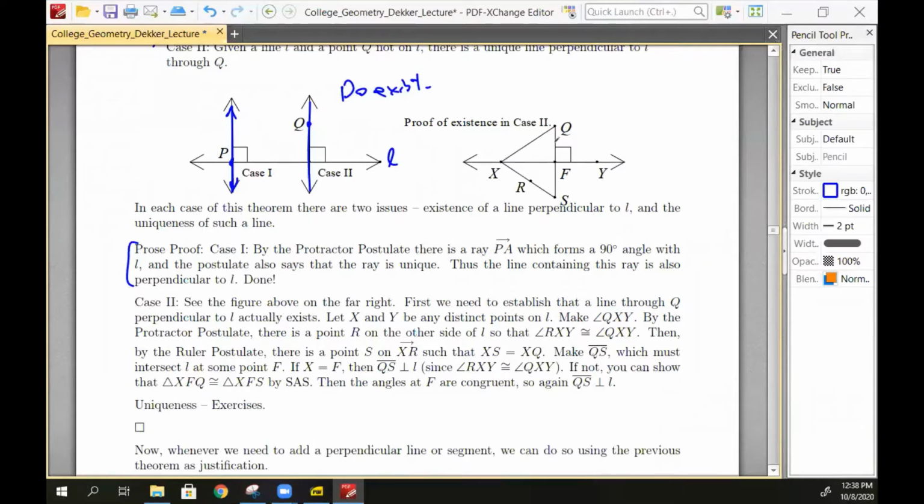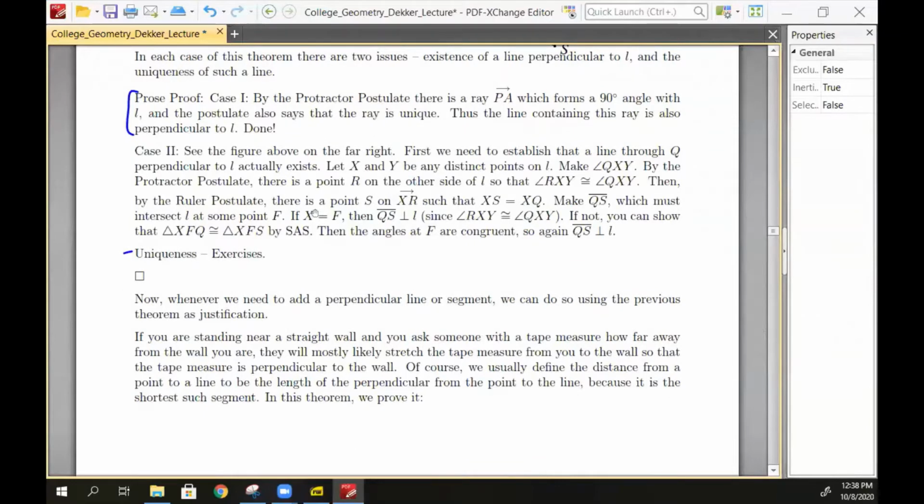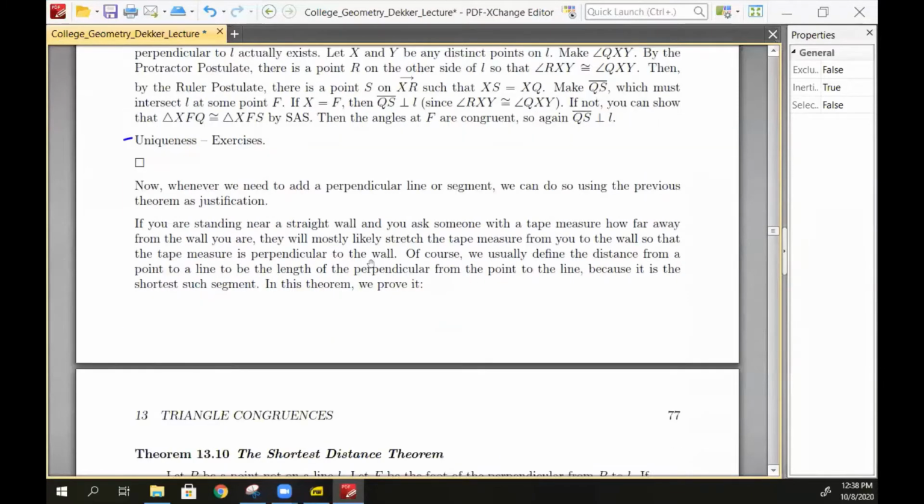That's where the triangles become important. But it's still pretty straightforward to show the existence, and the uniqueness of it is an exercise. So I would encourage you to read through these, and if you have any questions, feel free to ask. With that theorem, whenever we need a perpendicular line, we can just say one exists and use that fact.